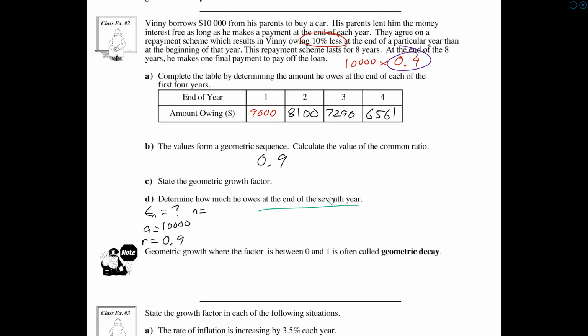If this is the case, how many times does that money have to compound in this situation? It compounds once to get to the end of the first year, once to get to the end of the second year, so 2, 3, 4, 5, 6, 7. It compounds 7 times exactly. So the n value was actually 8 there, right? N is 8 because we needed to compound 7 times.